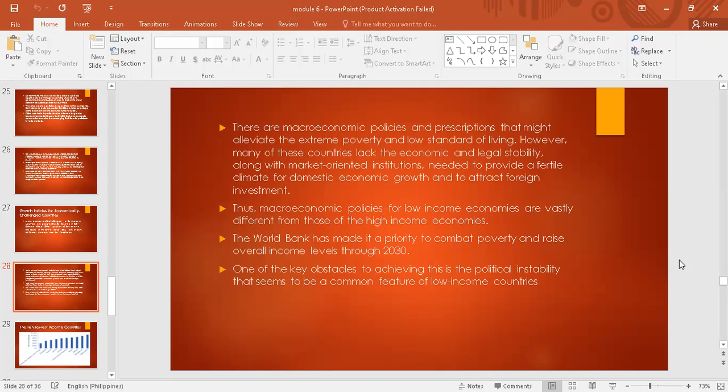Now, the international institutions such as the UN and the World Bank are trying to give assistance or help these low-income countries. First, because there is a large number or high rate of poverty, it is hard for them to raise the standard of living.